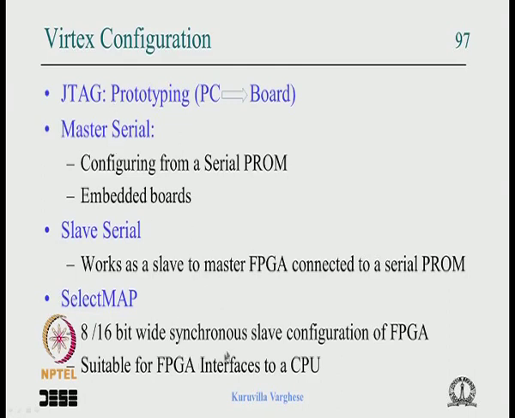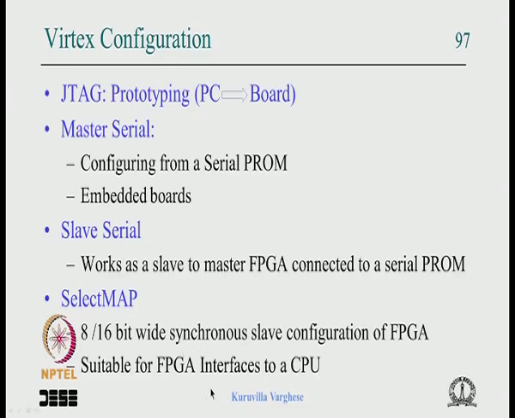There is a parallel mode where a CPU, a microprocessor, can program an FPGA through an 8-bit or 16-bit wide path which is synchronous. This is the case when you have a processor board and an FPGA, so you don't need an additional PROM.